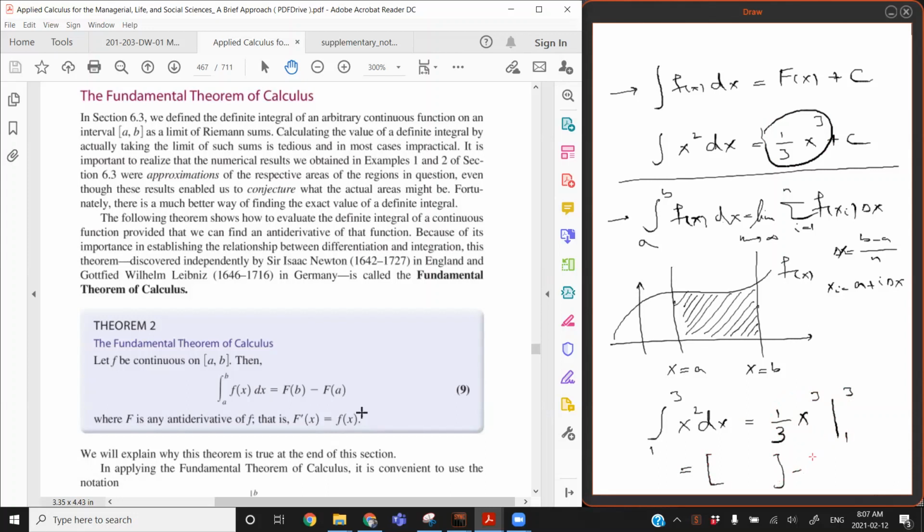So the answer is going to be the value of this function at 3, so 1 over 3 times 3 to the power of 3, minus 1 over 3. If I plug in 1 into this, I get 1 to the power of 3. And if I do these calculations, this is going to be 9 minus 1 over 3, and if I do 9 minus 1 over 3, I get 26 over 3. So that's much faster than the Riemann sum. Don't you agree?